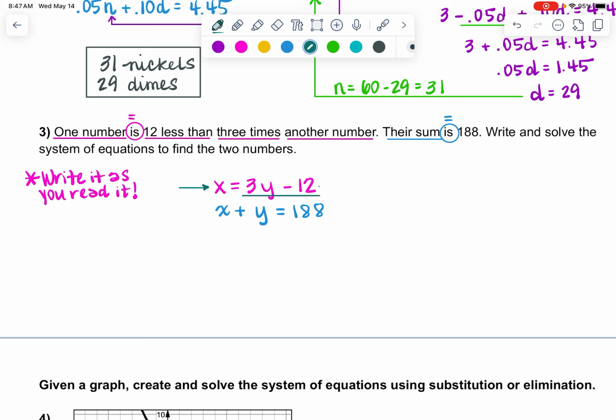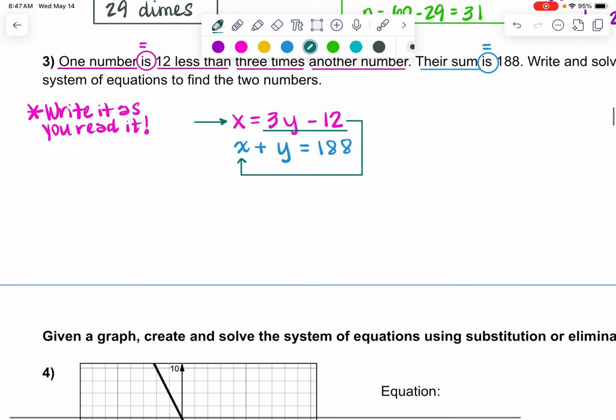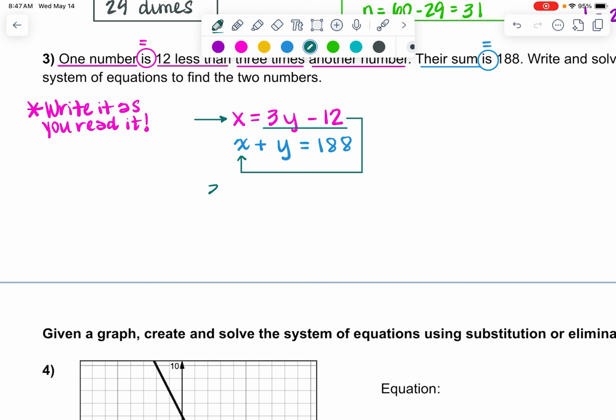So I'm going to take that 3y minus 12 and I'm going to substitute it in for this x. So I'm going to completely rewrite that bottom equation. X plus y equals 188, but again, instead of x, I'm going to write 3y minus 12, then plus y equals 188.